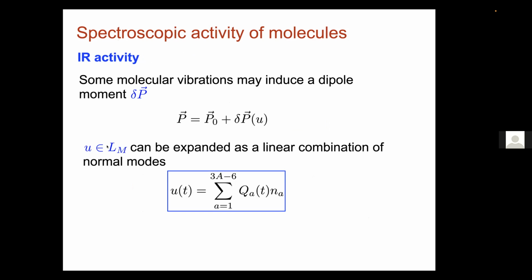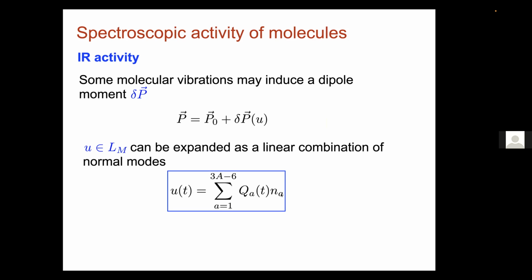U belongs to the mechanical representation. It's a displacement of the molecule, and you know that the normal modes that diagonalize the potential energy matrix are a basis. Why are they a basis? For a very simple reason.